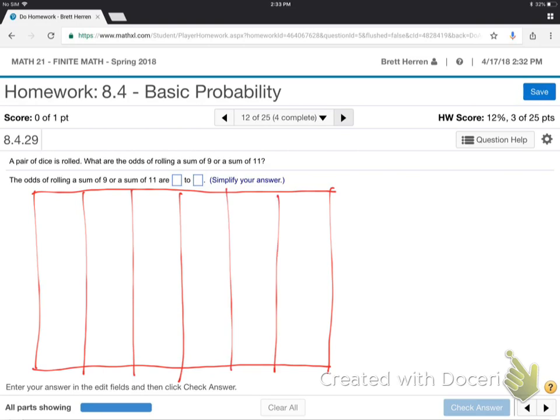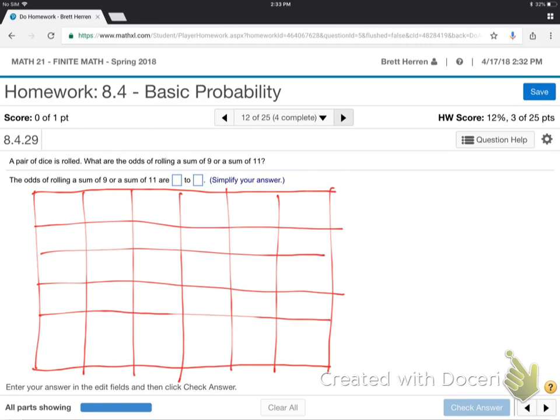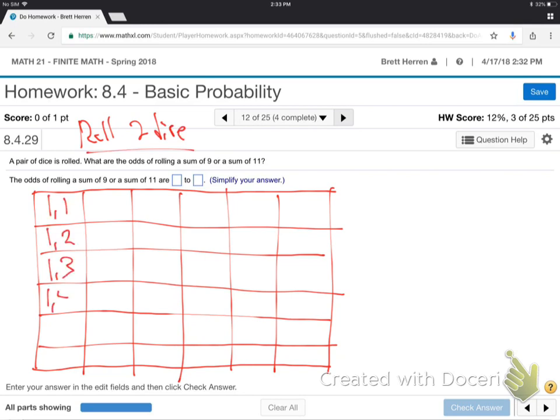So I'll just kind of do part of it here. When you roll 2 dice, you want to have this on your 3x5 card. 1,1; 1,2; 1,3; 1,4; 1,5; 1,6; 2,1; 2,2; 2,3; 2,4; 2,5.